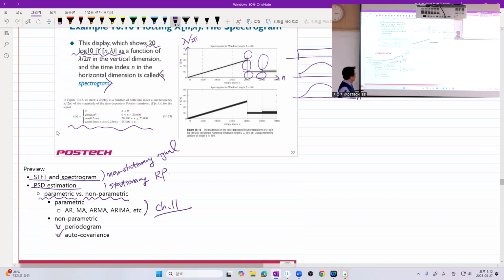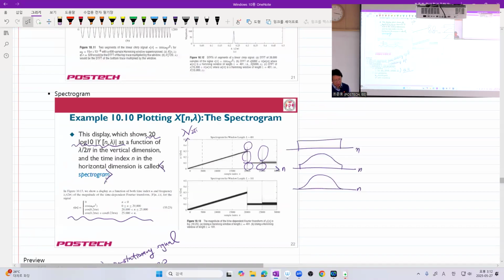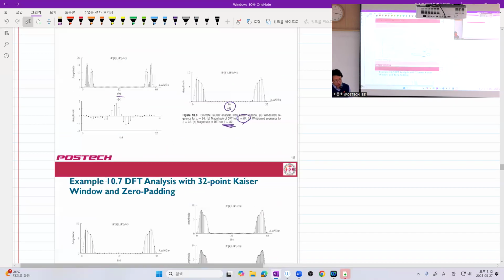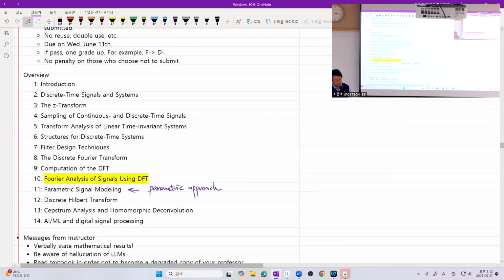And we are almost up. Time's up today. Unfortunately, we have only one class meeting left, and I have to talk a lot about AR, MA, ARIMA, and there are many models with only a few parameters. So I'm not sure whether I can cover them all or not.